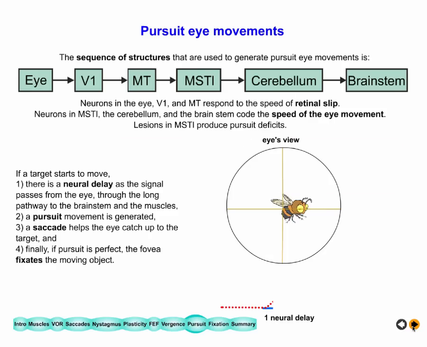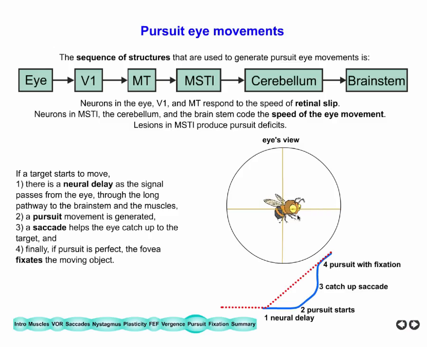Okay. So, pursuit. We're trying to pursue this bee. Now, the pursuit signal comes from the eye, goes to V1, goes to MT, then there's two parts to MST. It goes to MSTL, the part that's interested in small objects moving on your eye. And so all these signals, notice that there's a retinal slip of a small object.